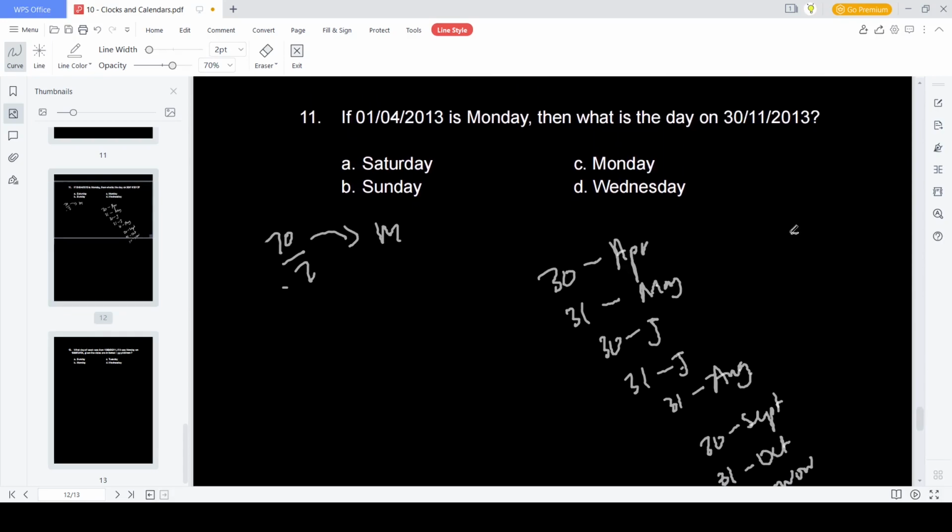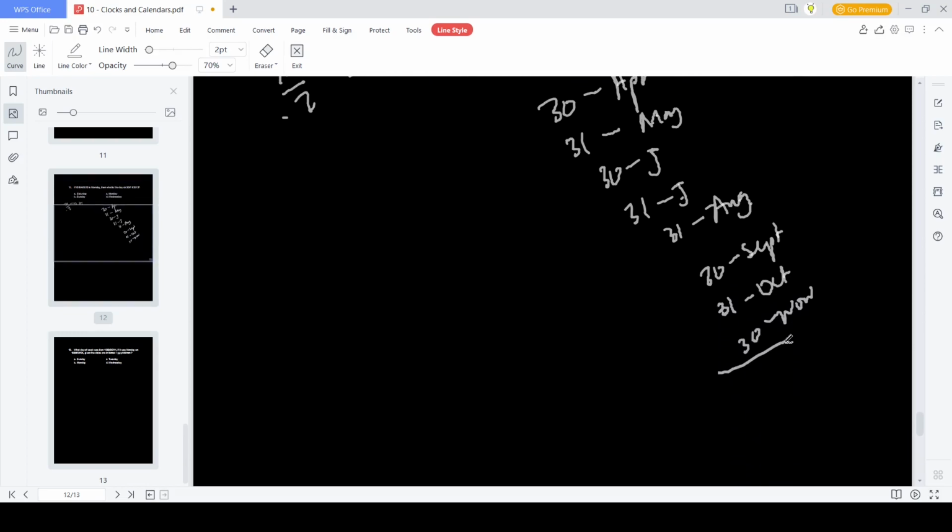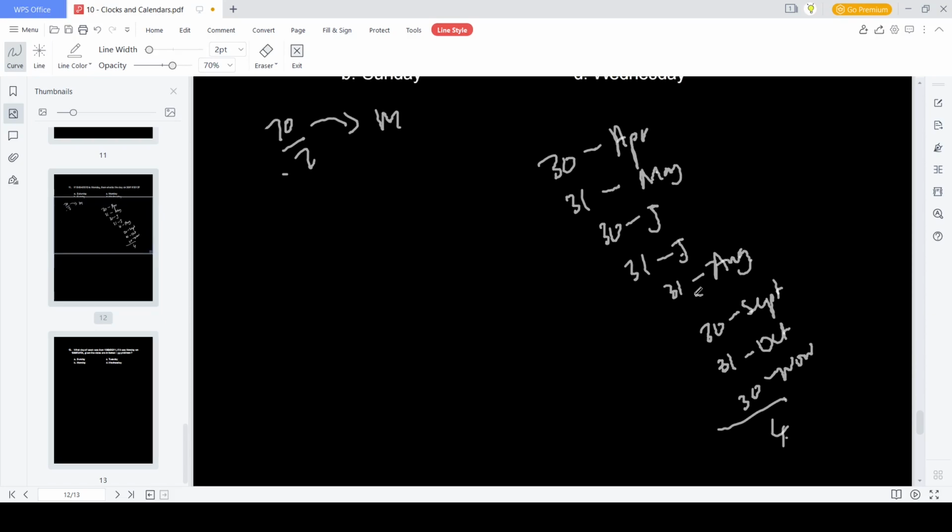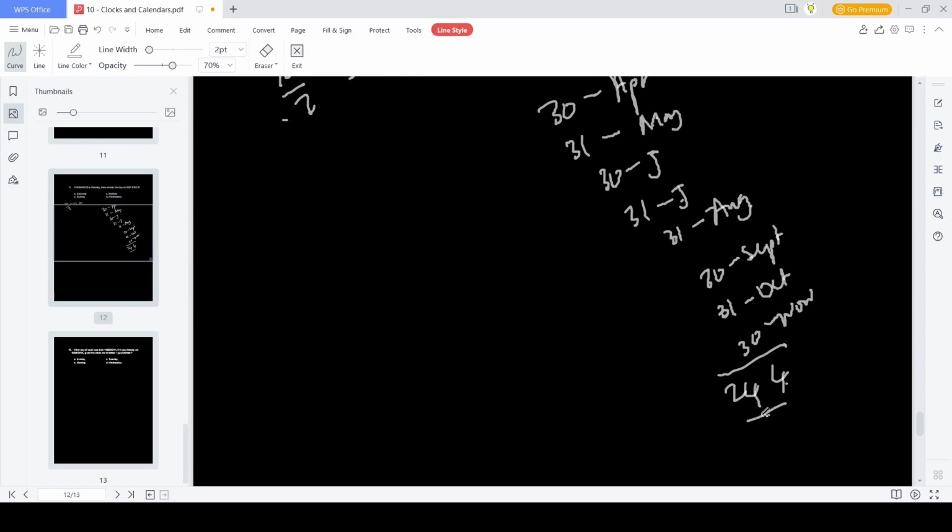It's exactly on 30. So we add all of this, we get 1, 2, 3, 4, and 1, 2, 3, 4, 5, 6, 7, 8. So 8 3s are 24.